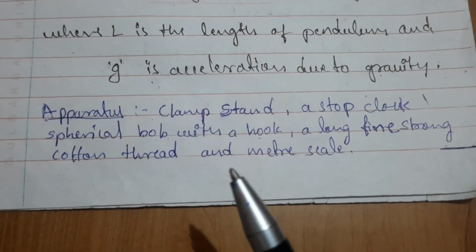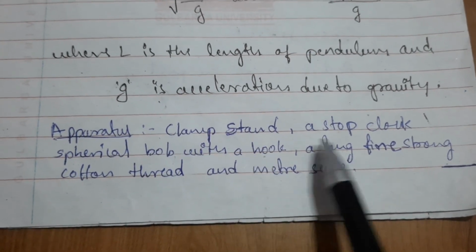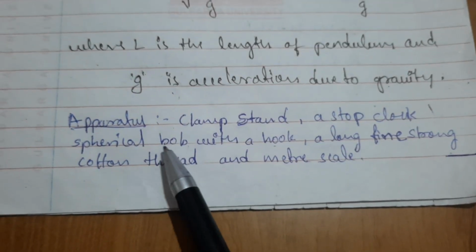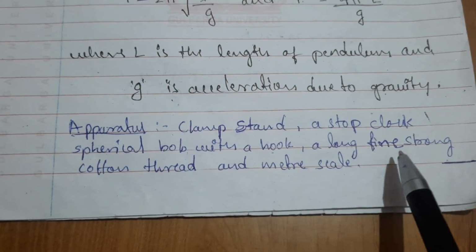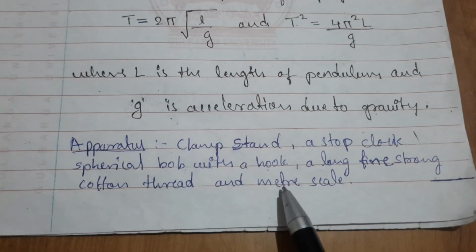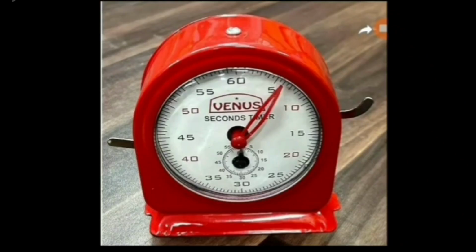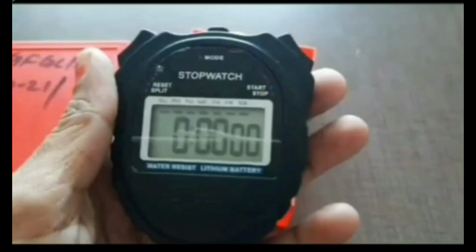So which apparatus are required to do this experiment? A clamp stand, a stop clock, a spherical bob with a hook, a long fine strong cotton thread and a meter scale. As I said, the apparatus required are a clamp stand, a stopwatch, you can use this one also, or a digital stopwatch.